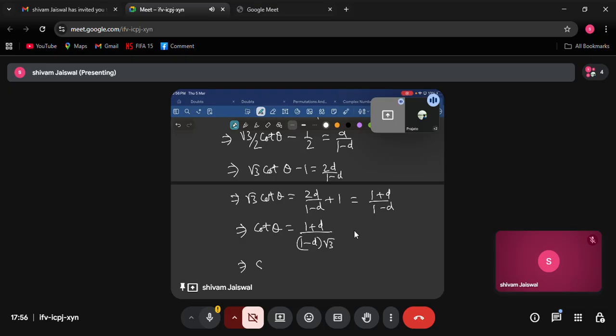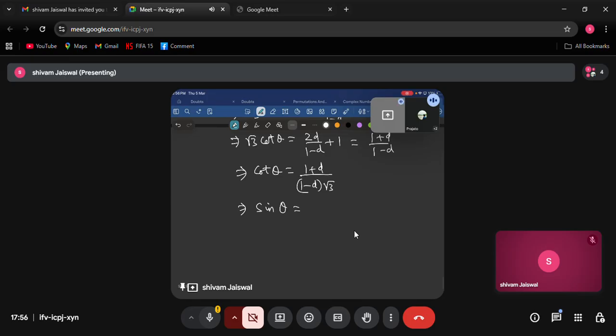So sin theta is equal to perpendicular by hypotenuse. Perpendicular is 1 minus d into root 3 upon root over 3 into 1 minus d whole square plus 1 plus d whole square. Okay, this is sin theta.